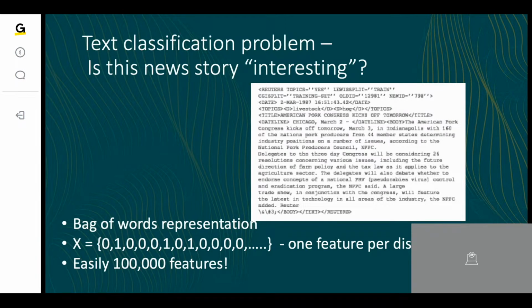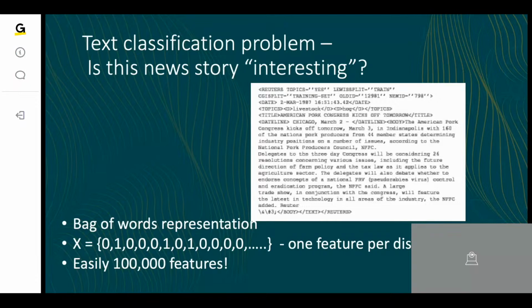You tend to have one feature per word, and essentially what you'll end up with is hundreds of thousands of features, one feature almost for each word in the English language. And this is when you have not even considered a bigram or a trigram set of features, right?